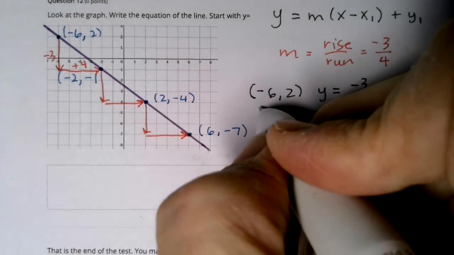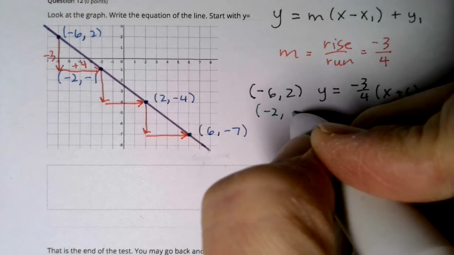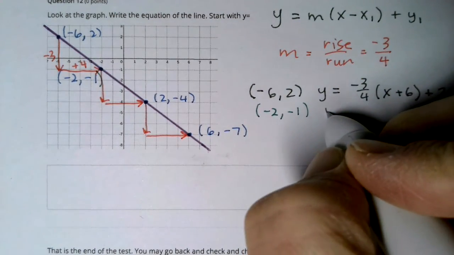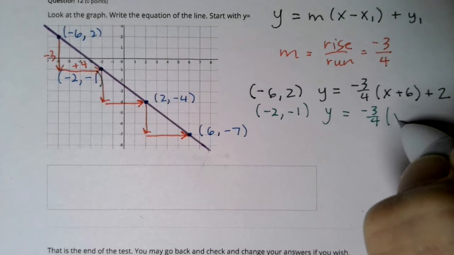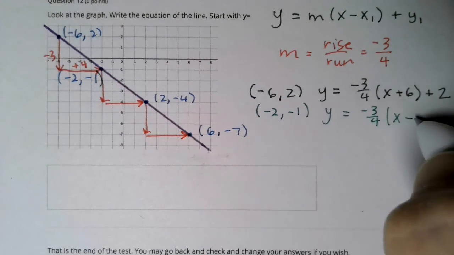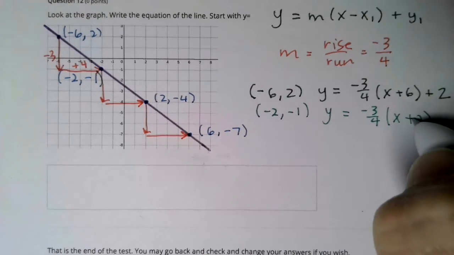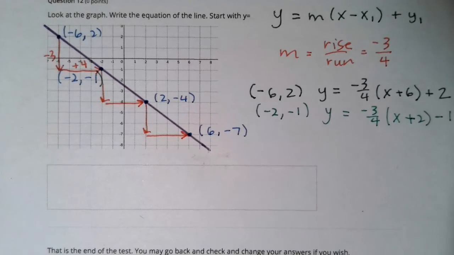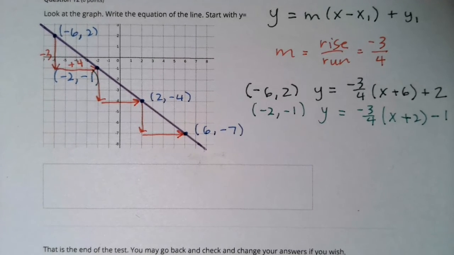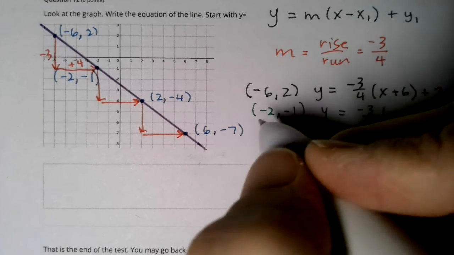I can look at the next point, which is -2, -1. That would again be y equals -3/4 because the slope is the same. X minus negative 2 is the same thing as x plus 2. And then plus a negative 1, or minus 1, would be for that equation. So that's a second equivalent equation that would work for this line.